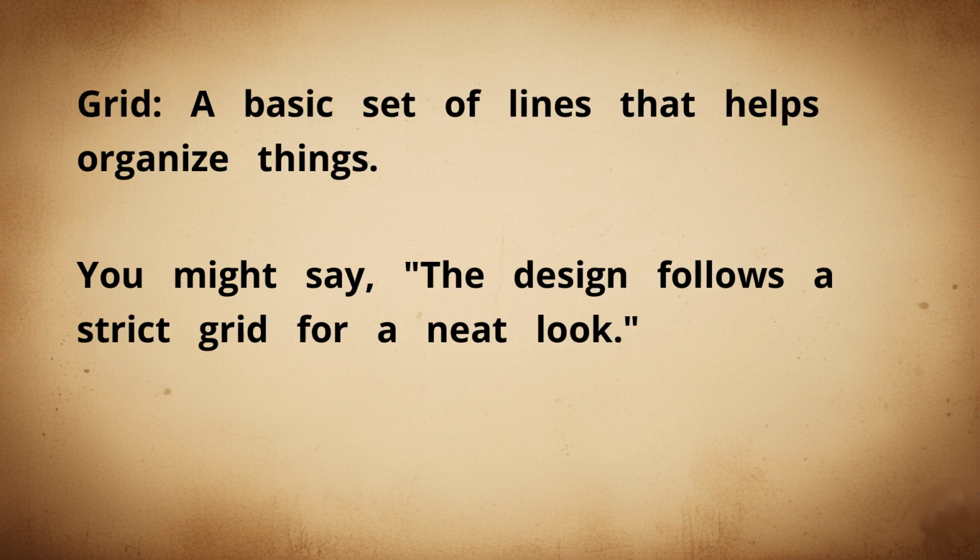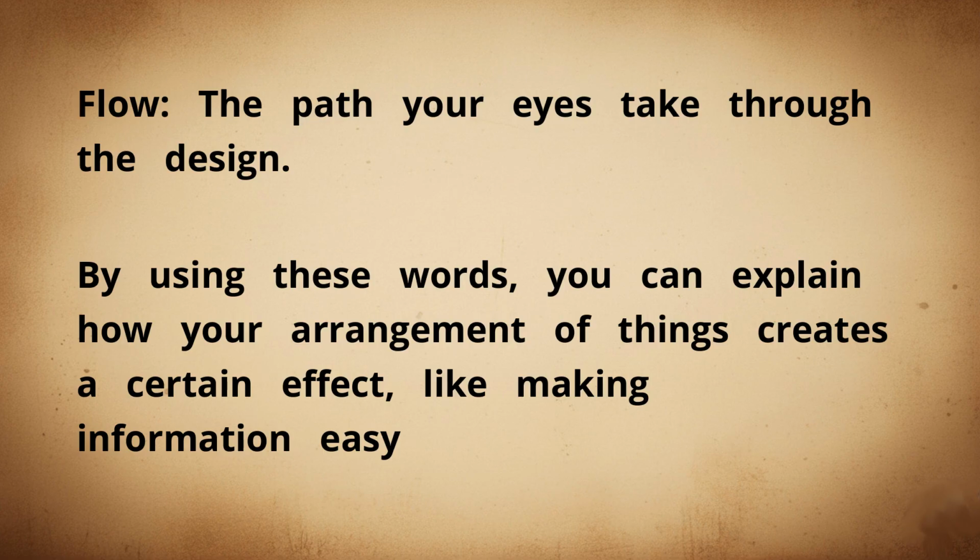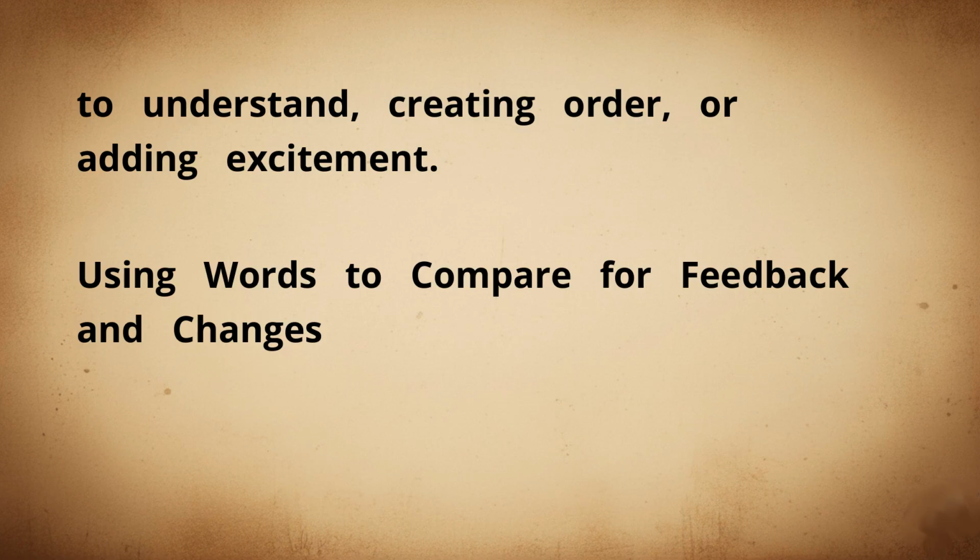Grid, a basic set of lines that helps organize things. You might say, "The design follows a strict grid for a neat look." Flow, the path your eyes take through the design. By using these words, you can explain how your arrangement of things creates a certain effect, like making information easy to understand, creating order, or adding excitement.